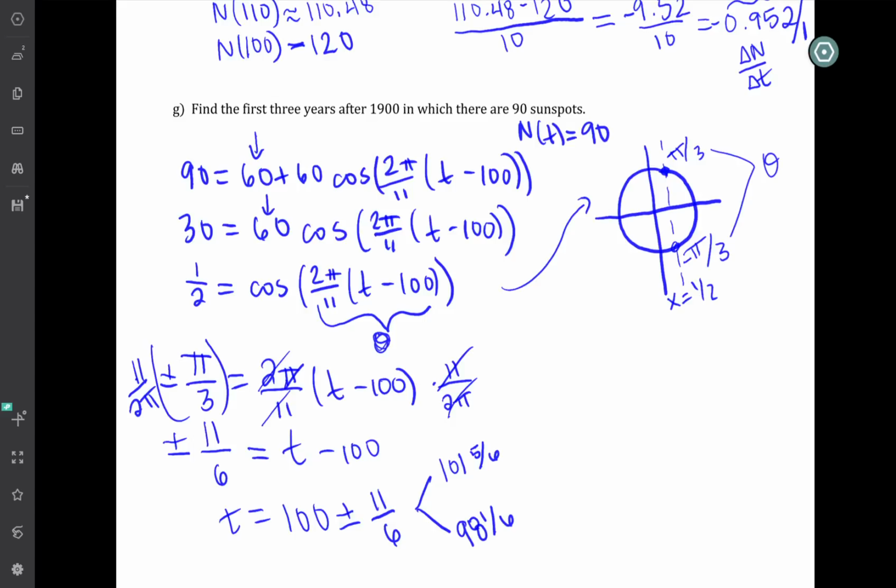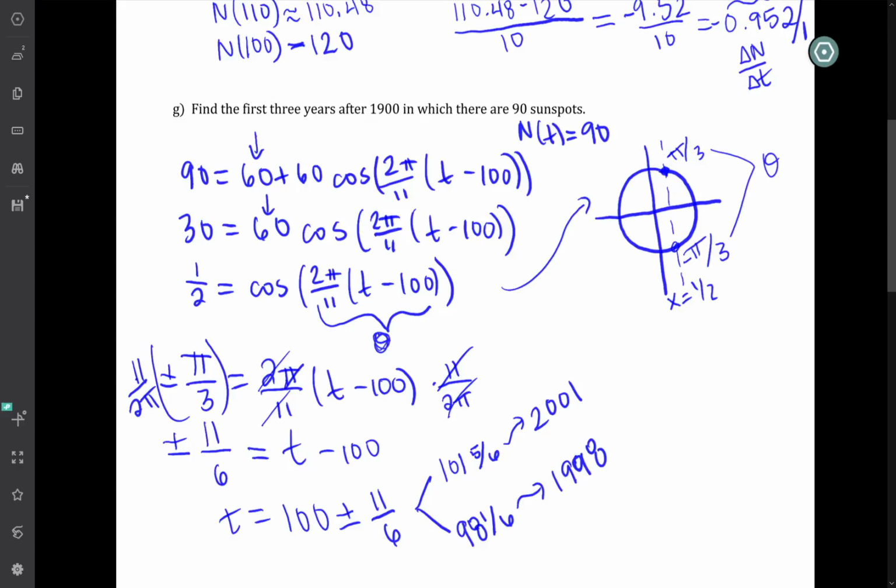Okay, and then again, this is years after, so 101 and 5/6 is right at the end of 2001, and this one is right at the beginning of 1998.